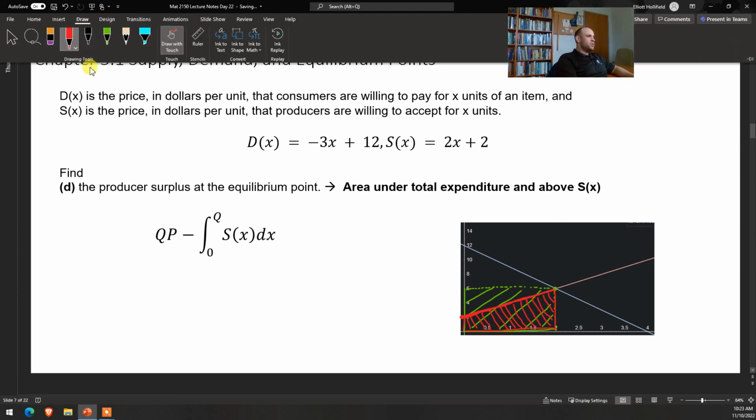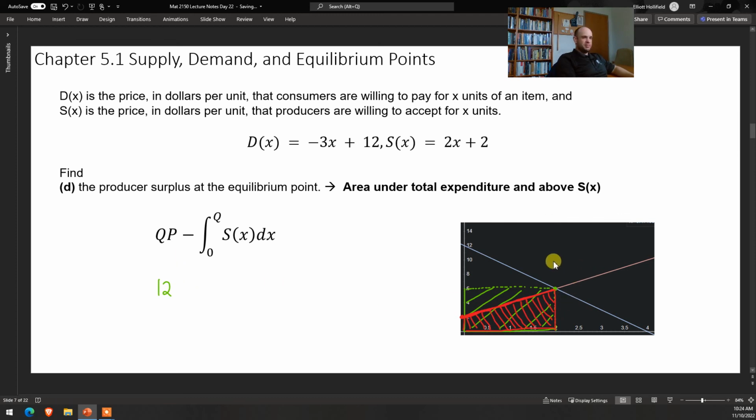Now let's compute this quantity again. First, we start with Q times P, and QP was this ordered pair, (2, 6). The multiplication gives us 12. Then we integrate from 0 to 2 the supplier price index.